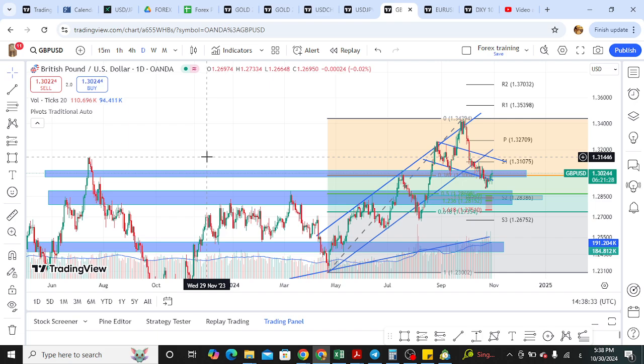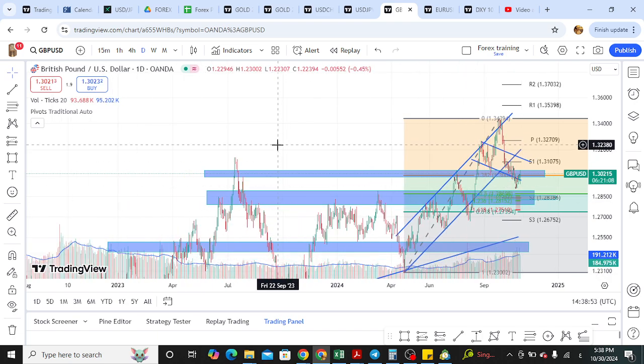Let's see, this one. Well, yes and no. This peak is important, but I think this peak is more important. Let's go back. No, there's nothing.